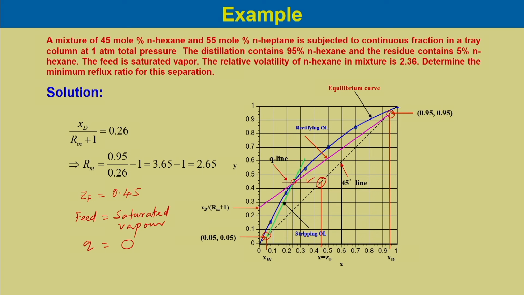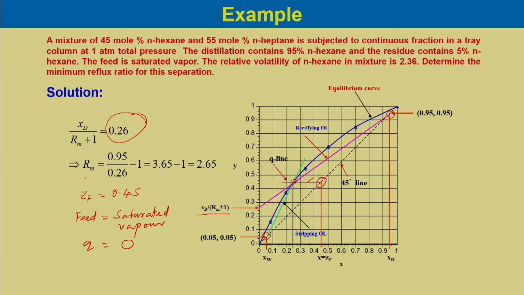So we can join over here. That is the intersection point, and from this we can locate xd by Rm plus 1, which is 0.26.